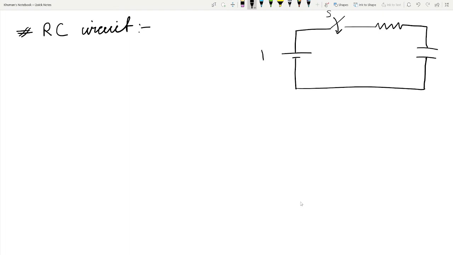Now we will find this response for the RC circuit. Now this switch S is closed at t equal to 0. At t equal to 0 this switch is closed, then the current flowing through this circuit is considered as i(t).